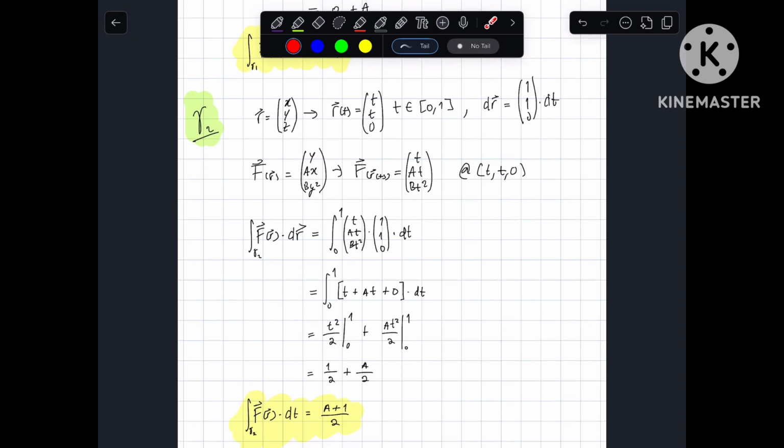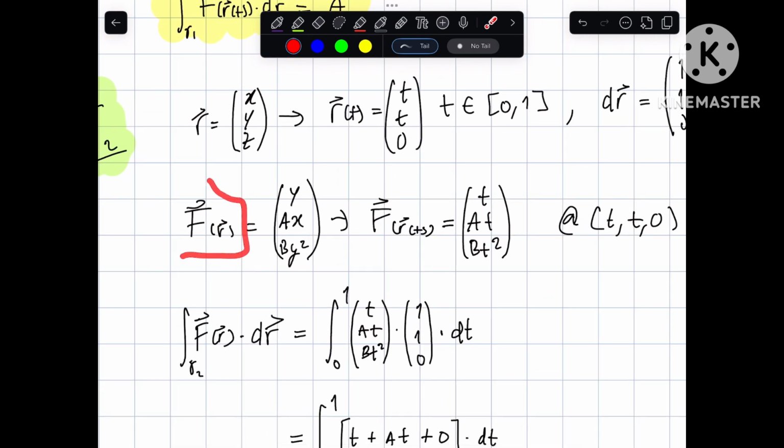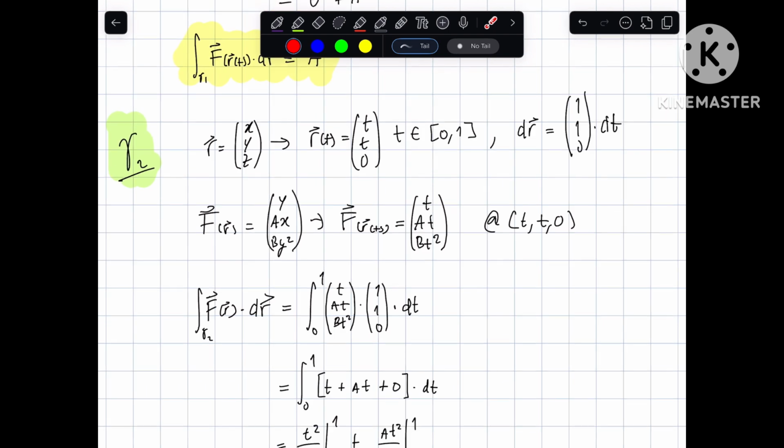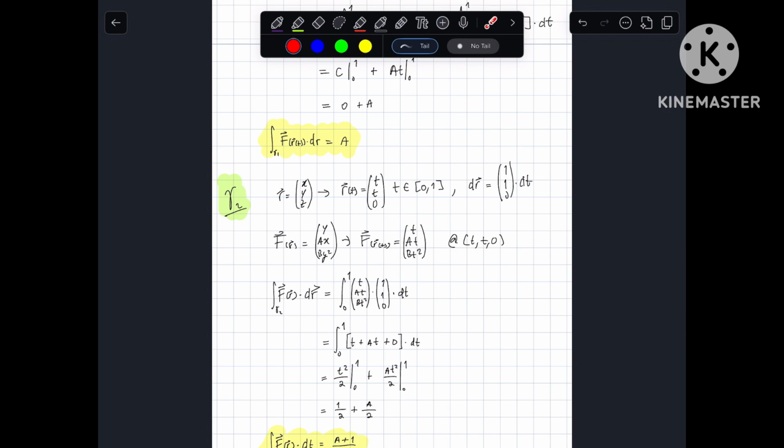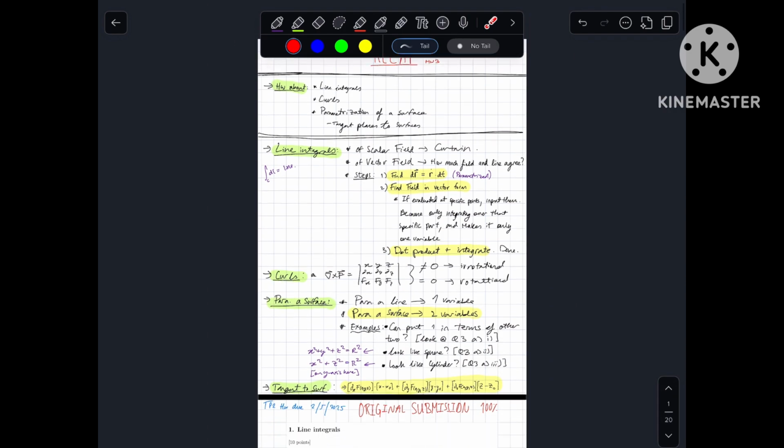And then here we take our vector field and we input x is equal to t, y is equal to t, and use that because we want it at that specific point. Sorry, my pencil just turned off.